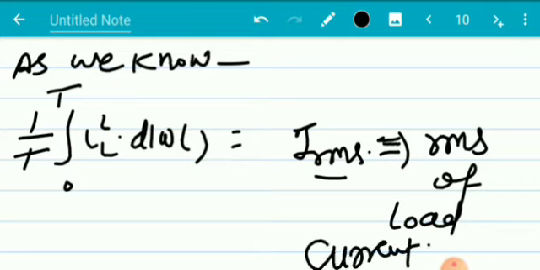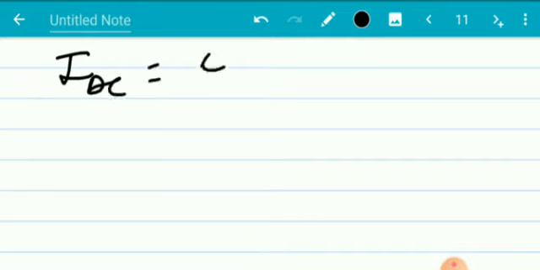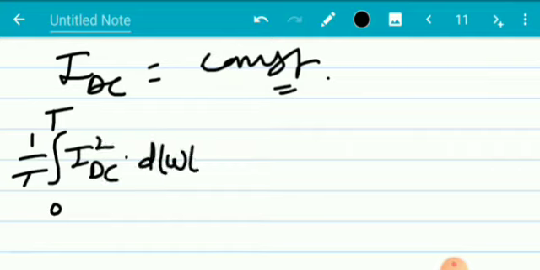Okay, and IDC is a constant value, so for the second integration, 1 by T, 0 to T, IDC square d omega t, IDC square is a constant value, so we can take that out of the integration.